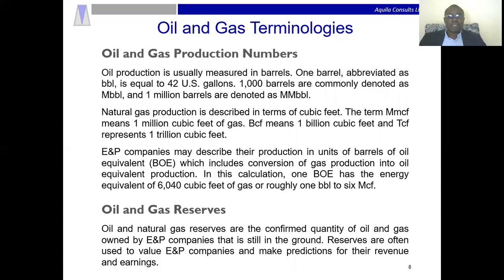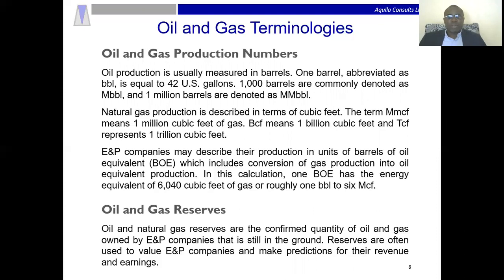Gas is normally measured in terms of cubic feet or standard cubic feet, known as CF. Now, MMCF is a million cubic feet, while BCF refers to a billion cubic feet, and TCF refers to a trillion cubic feet.